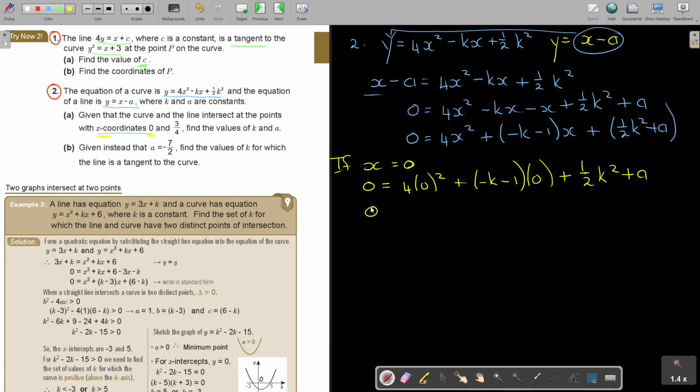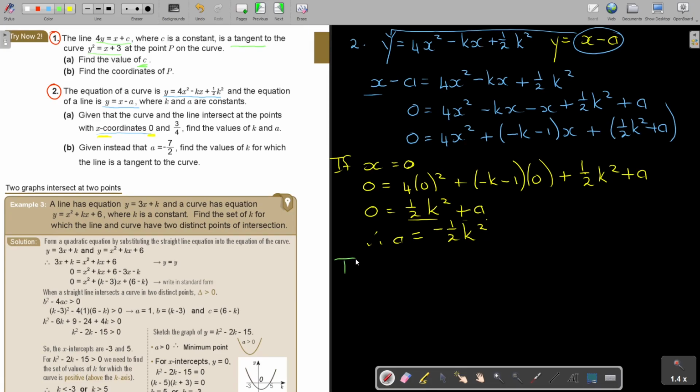Let's just simplify this. Luckily the 0s make this 0 and this 0, so I actually just end up with half k squared plus a. Therefore, a, I'm taking this one over, is equal to negative a half k squared. Okay, so that is if x is 0.